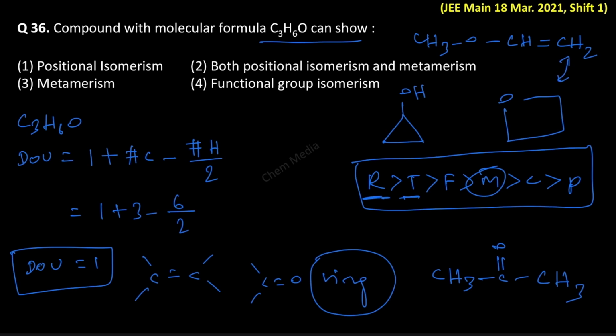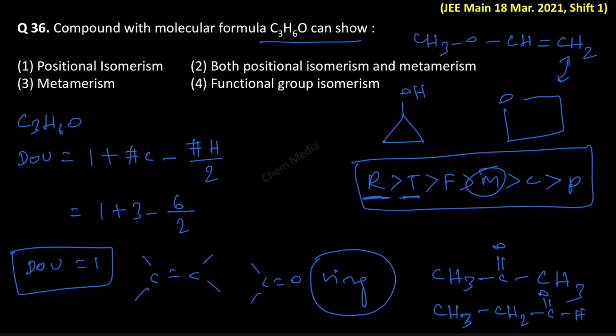We have to call that a ring chain isomerism once again. So, therefore, metamerism is not possible. Then, how about positional isomerism? Positional isomerism is possible, but because of the precedence rule, we have to consider functional group isomerism in this case. For example, we can also write propanol.